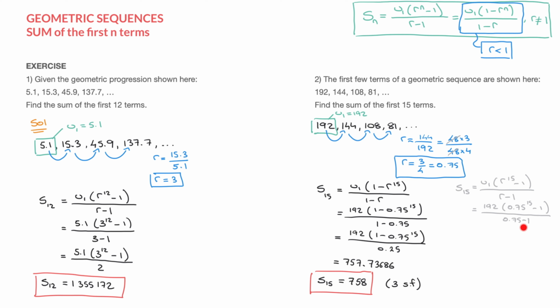Now on the denominator we'll have 0.75 minus 1, which will be negative 0.25. And so this will equal 192 times, in parentheses, 0.75 raised to the power of 15, take 1 away from that, and all of that's divided by negative 0.25.